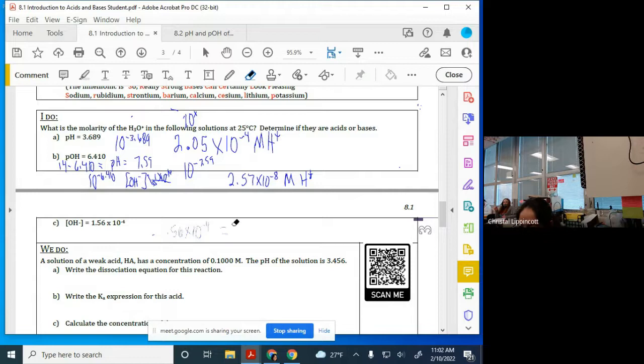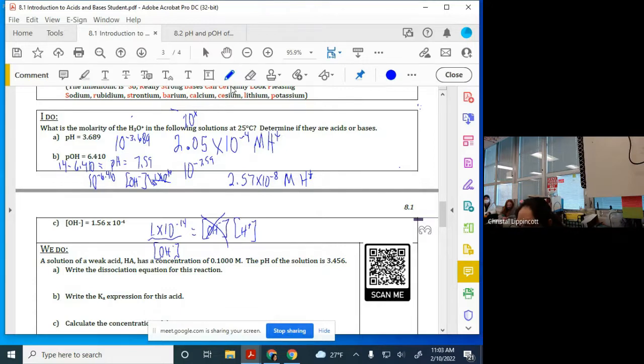Back the train up. This is where we're going to do, remember that 1 times 10 to the minus 14 equals OH times my H plus concentration, right? So if I take this and divide by my OH, that's going to get rid of it on that side, and that'll give me my answer.